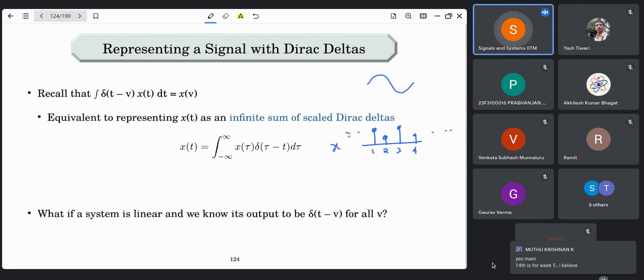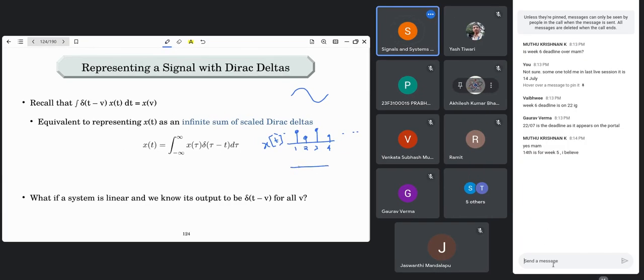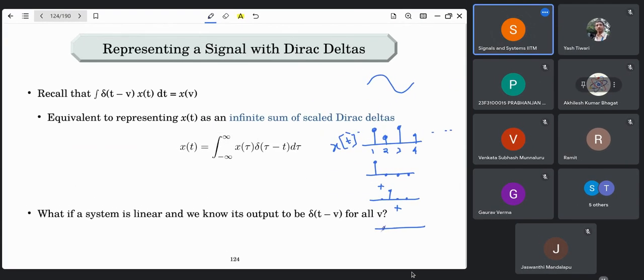Let's say that this is our discrete function x of n. I can write this as 1 plus this function or this signal plus. So basically what we have done here is, let's say that this is 1, this is half, 1 half.